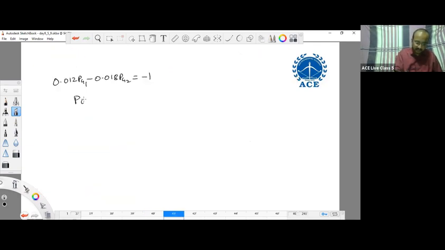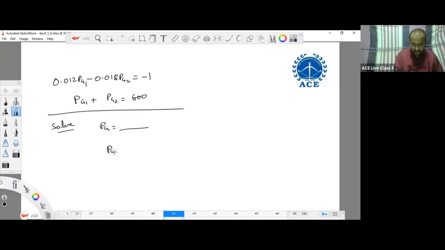Solve these two equations, you will get the values of pg1 and pg2. Anyone solve this and post the answers, sir? Solve these equations and post the answer. Solve pg1 and pg2.